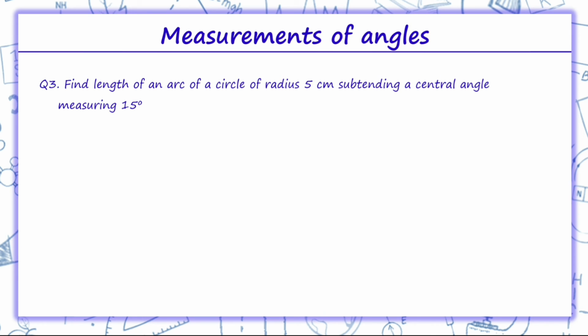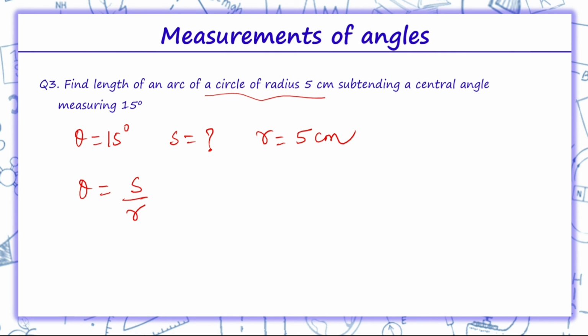Now coming on to next question. Here we have to find the length of an arc of radius 5 centimeter subtending a central angle measuring 15 degree. Now theta is given over here as 15 degree. The length of the arc, that is S, we have to find, and radius is given 5 centimeter. Now we know theta is equal to S by R. Since theta is given in degree, we will convert it into radians.